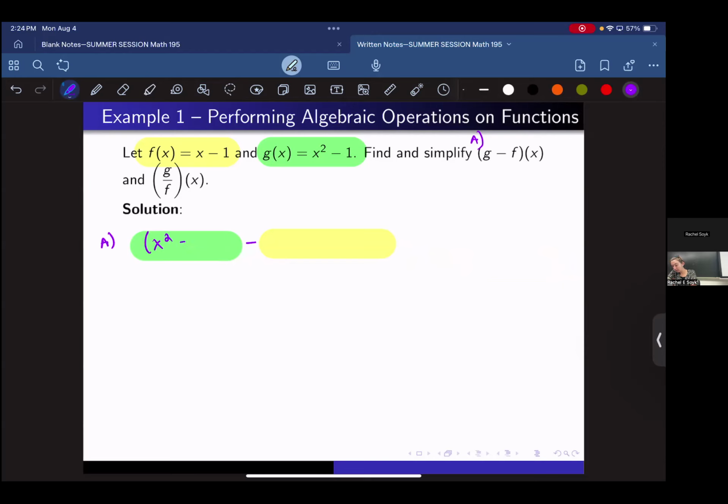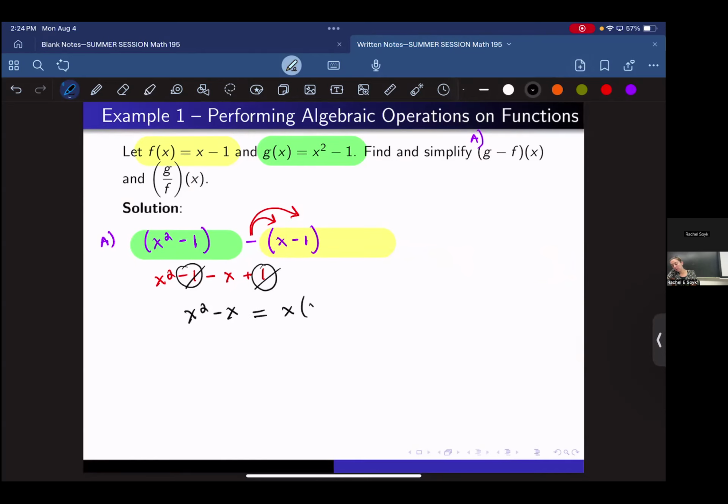Don't forget your parentheses, x squared minus 1 minus x minus 1. That way, you don't forget to distribute that negative to both terms inside of our yellow function. And then we simplify. -1 and +1 cancel out. So our final result is just x squared minus x. If you wanted to factor it, you can, but you don't have to. And then we're done.